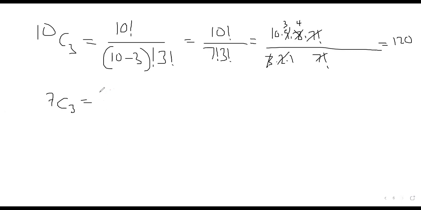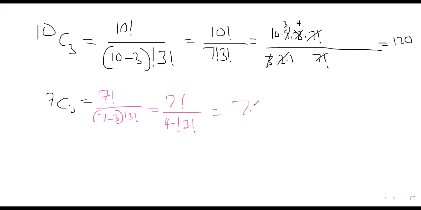We're going to have 7 factorial over (7 minus 3) factorial times 3 factorial, which is 7 factorial over 4 factorial times 3 factorial.